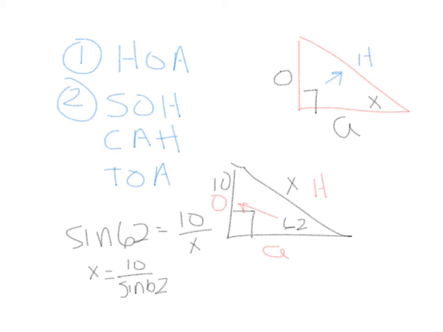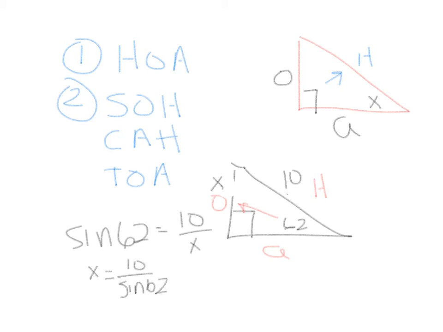Now, other problems, let's just pretend that the x was here and the 10 was here. Okay, no sweat. I'm trying to erase here. Okay, it doesn't want me to erase that. Oh well.